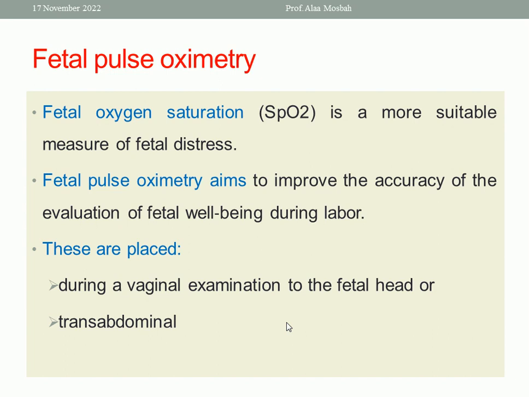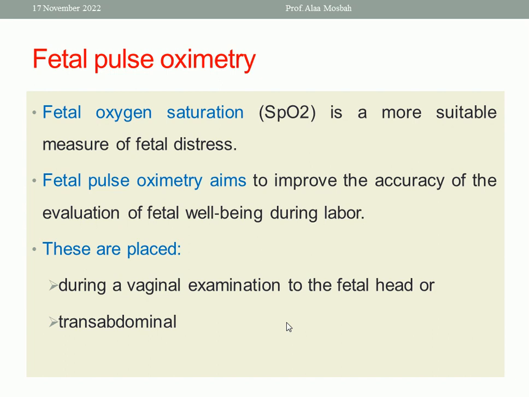Okay, the fetal pulse oximetry aims to improve the accuracy of the evaluation of fetal well-being during labor. But really, it was found in many studies, by many researchers, that fetal pulse oximetry doesn't decrease the rate of cesarean section in cases under CTG monitoring.